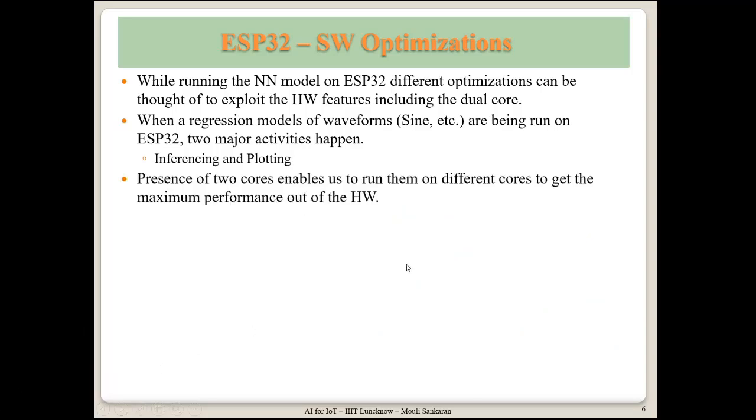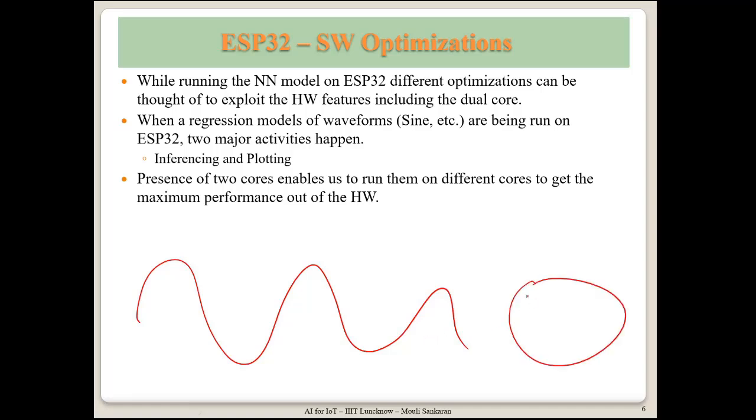I am going to show you. So the presence of two cores enables us to run them on different cores to get the maximum performance out of the hardware, because I want to see the output as fast as possible. I want to run the inference engine and feed the data. You may think that it is not very urgent in my case, but if you are really running a camera image and inferencing it, you will see that I want it faster.